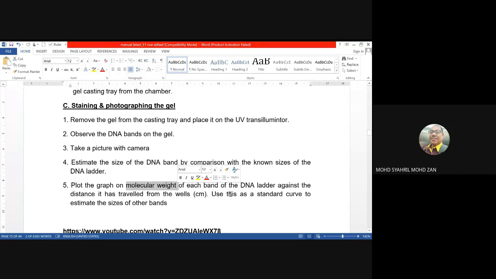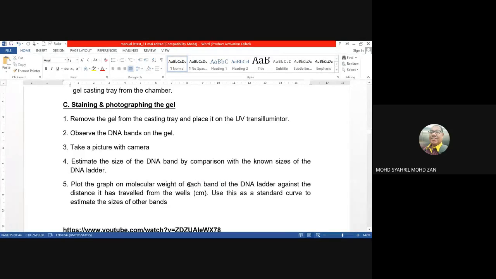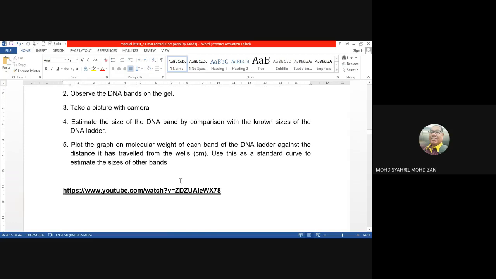So we have to use this standard curve to estimate the size of the bands. So from here, molecular weight represent our y-axis, whereas the well distance represent our x-axis. Okay. So for the process here, you can see the video from this link.